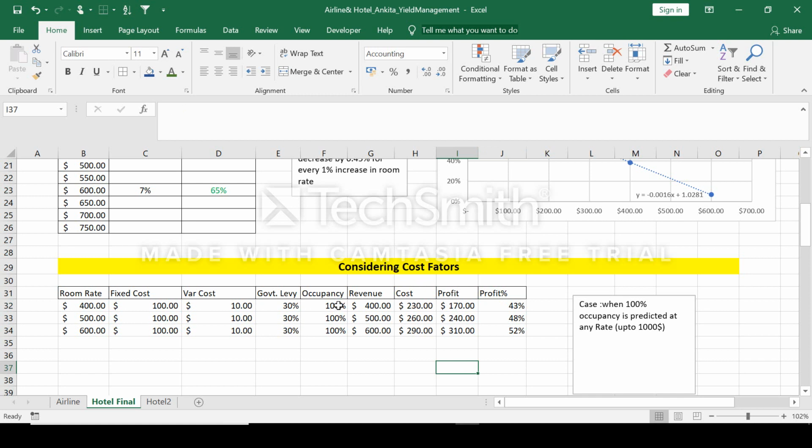This case is for 100% occupancy, or what we say is when we know the occupancy is going to be 100% no matter what, say up to a threshold of $1,000, and we see that the profit increases as the room rate increases. But this is an ideal scenario.